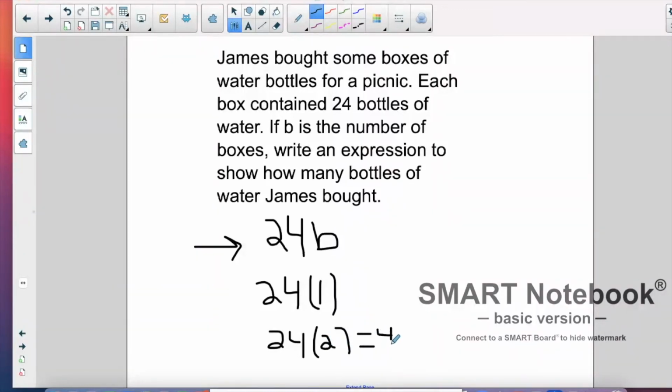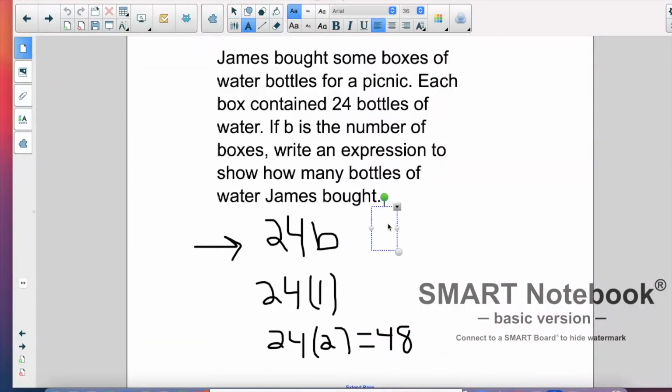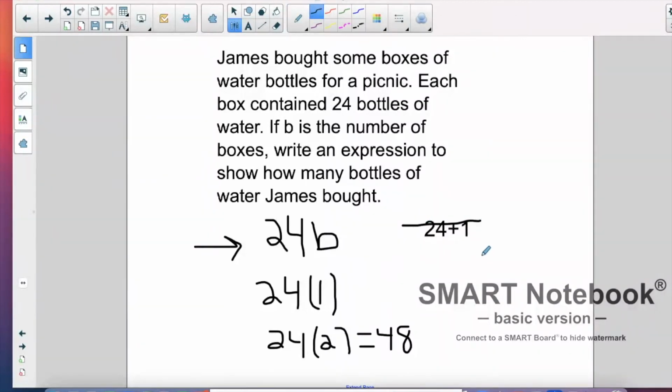So that makes sense. If we had 24 plus b, and if we had like 1 box, that's going to equal 25, and that doesn't really make sense. So you can do a little bit of trial and error there to check if your answer is right.